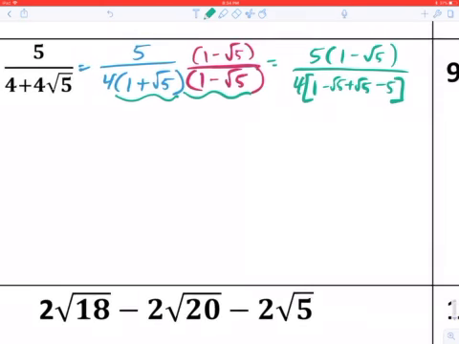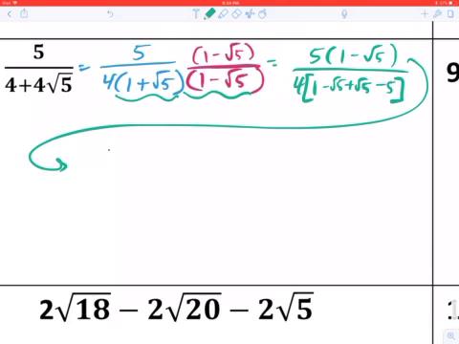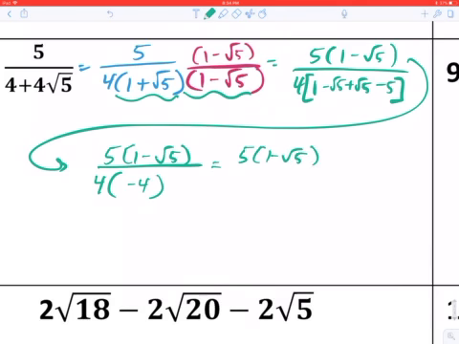Alright, let's do a little bit of simplifying. I'm going to get 5 times 1 minus the square root of 5, over 4 times whatever 1 minus 5 is, which is -4. So 5 times 1 minus the square root of 5 over -16. Now the 5 and the -16 don't cancel, so I can go ahead and decide to distribute the 5.